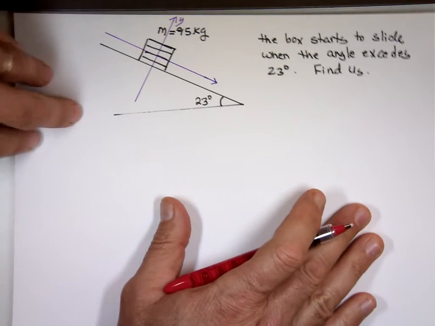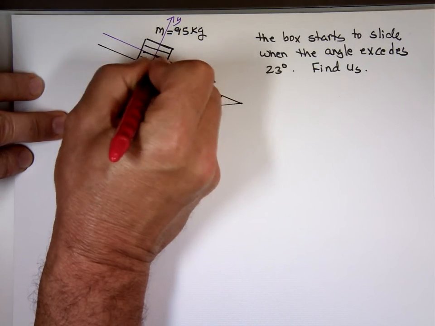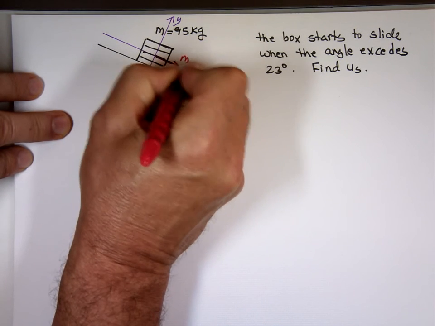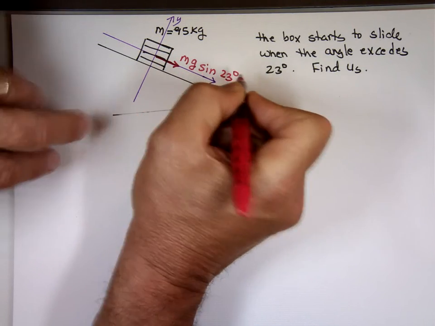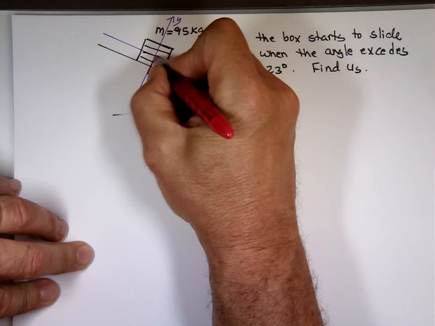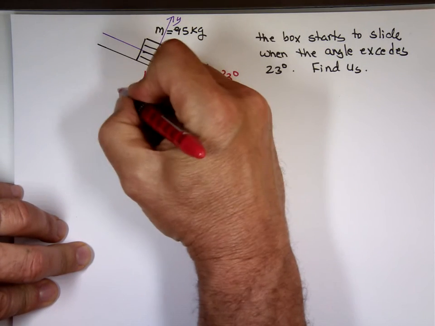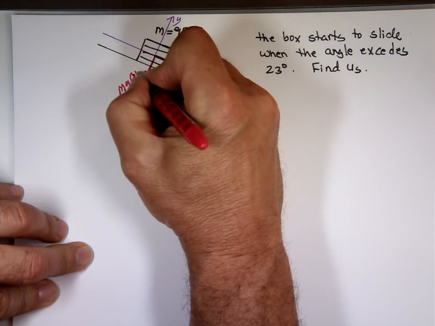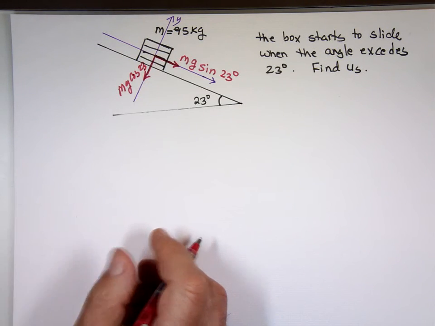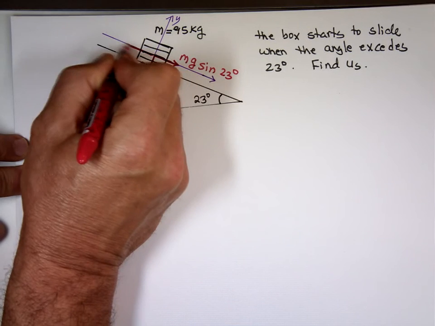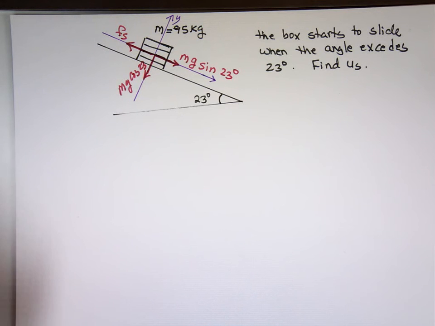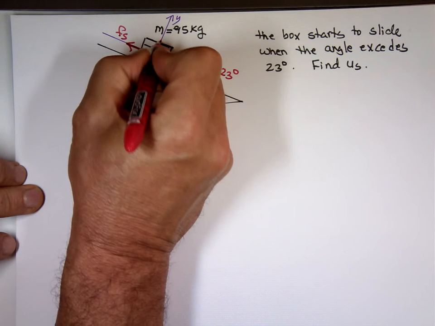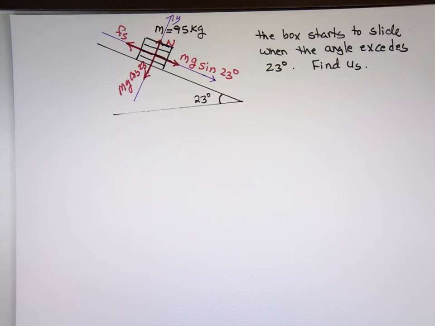This is going to have a value in this direction of mg sine 23 degrees. It's going to have a value in this direction, mass is 95, mg cosine 23 degrees. It's going to have a value in this direction, that's the static friction, F of S. It's going to have the normal force, N, upward. And these are the only forces acting on the box there.